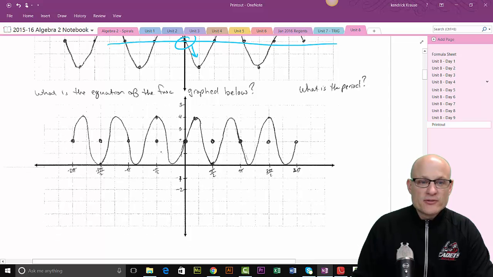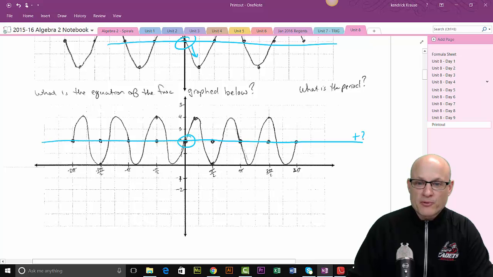All right. So this one says, what is the equation of this line? Well, the first thing I'm going to do is it's up 2, so I'm going to put a plus 2 on here. So I know it's f of x equals something plus 2 at the end. Figure out the amplitude. The amplitude is up 2, so positive 2.